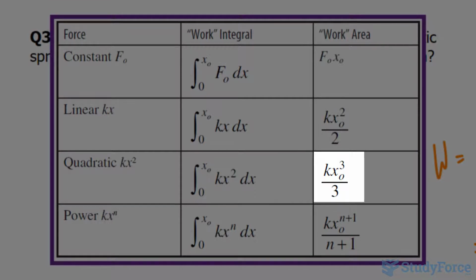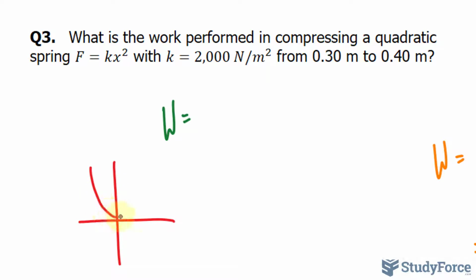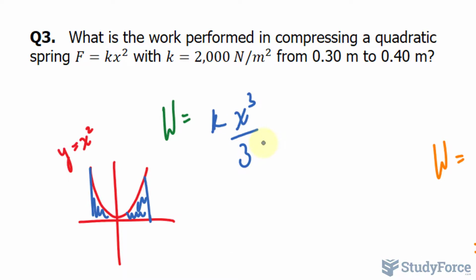That's part of calculus. So this is what a parabola looks like when y is equal to x squared. For the area underneath the parabola, you increase the exponent by 1 and divide by that value. So in this case it would be k, our constant, times x to the power of 3 over 3.